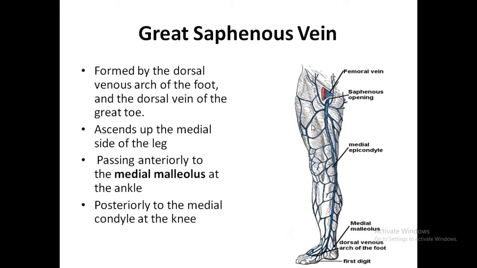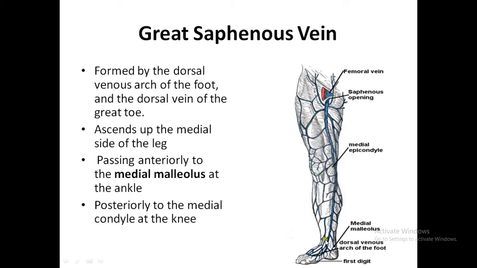Now, a brief description of its course. It originates from the medial marginal vein and ends up in the femoral vein. But what is its course in between? It is formed by the dorsal venous arch.